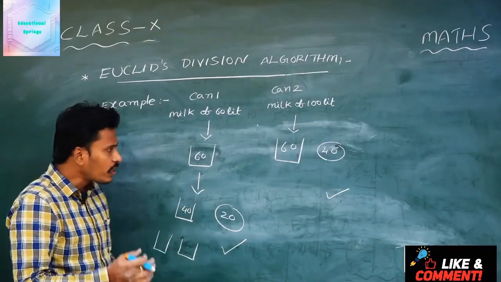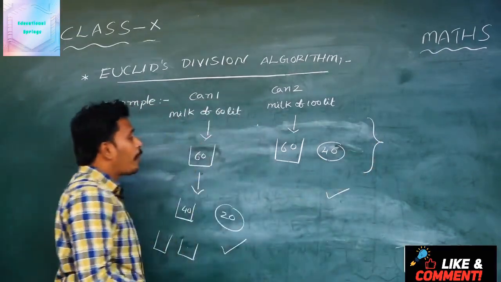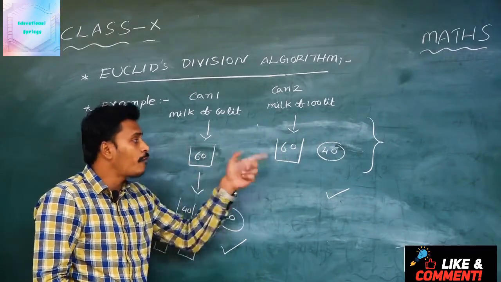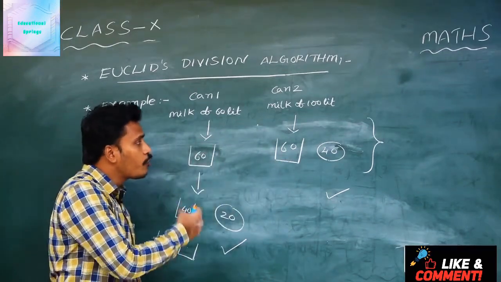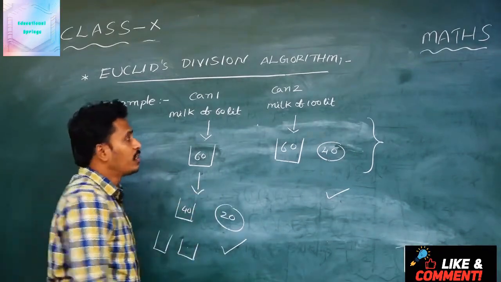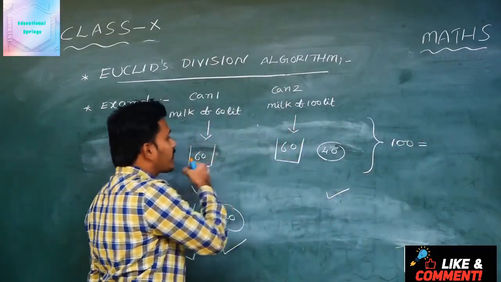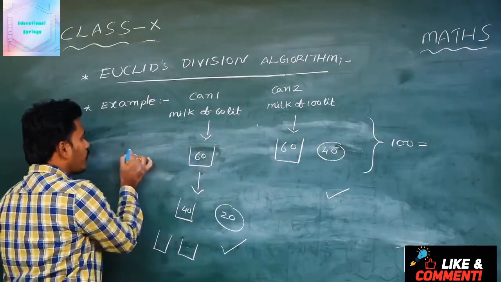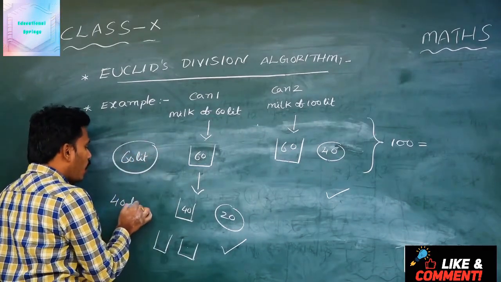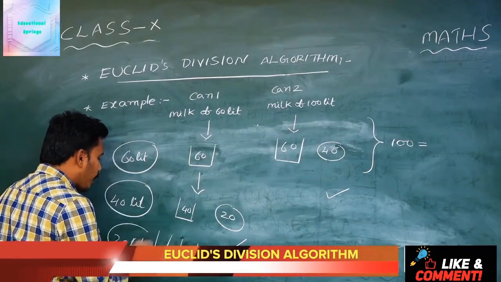And now see what we did here. In the first step, if the capacity of the measuring jar is 60, 1 turn helps us to measure and 40 remains. If you express it in terms of Euclid's division representation, we are using a 60 liters capacity measuring jar at first, then a 40 liters capacity measuring jar, and at the end a 20 liters capacity measuring jar.